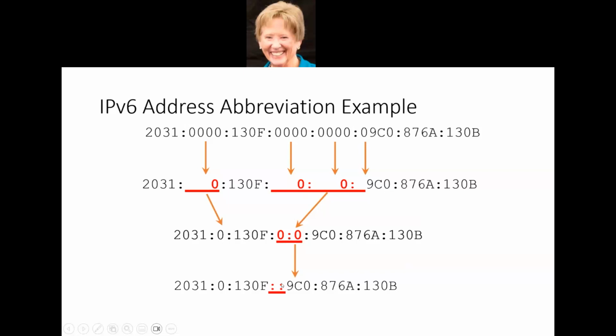Students should know that if I have placeholders in every one of those hextets, 1, 2, 3, 4, 5, 6, that double colon would represent the 7th and 8th hextet of that particular IPv6 address.